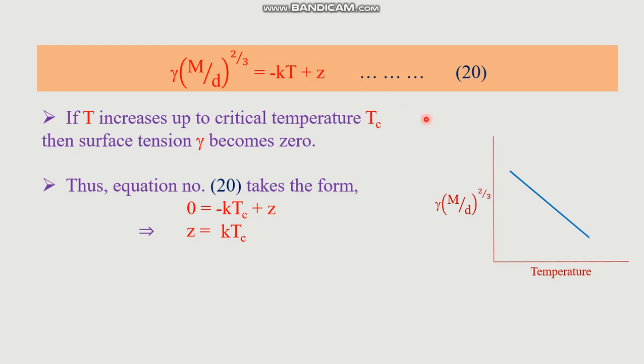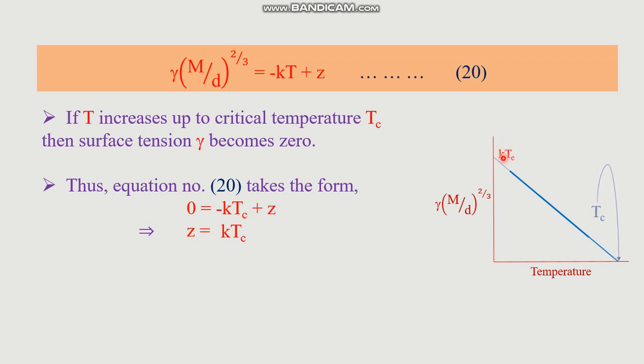In this equation, look at this animation. The straight line is increasing up to here, and it is being extrapolated up to here. This is the point Tc. And what about z? If you extrapolate this line up to the y-axis like this, then this point is k Tc, that is, this is the value of z.